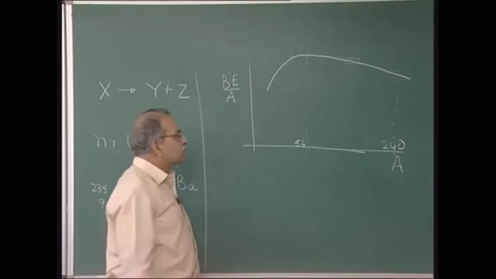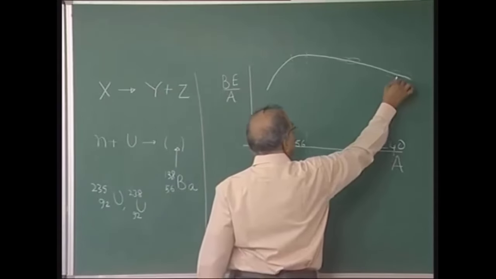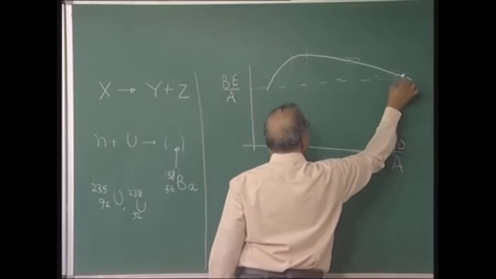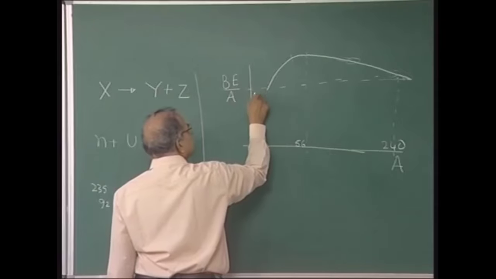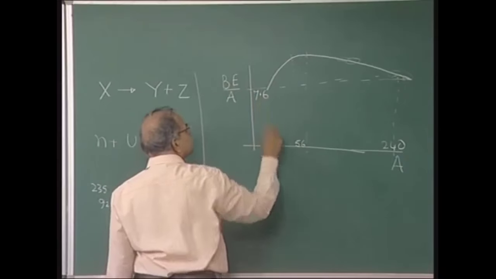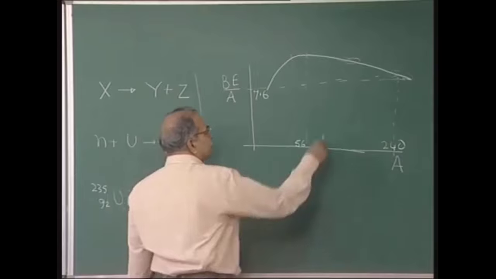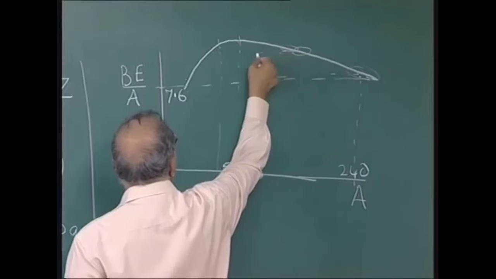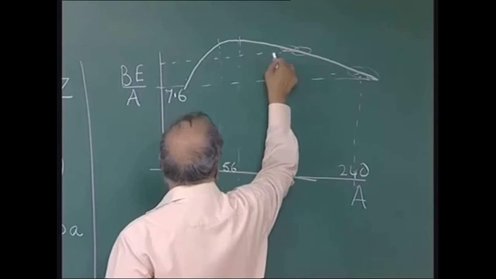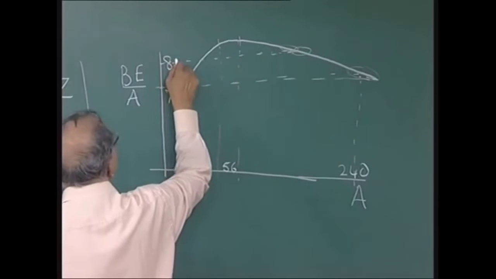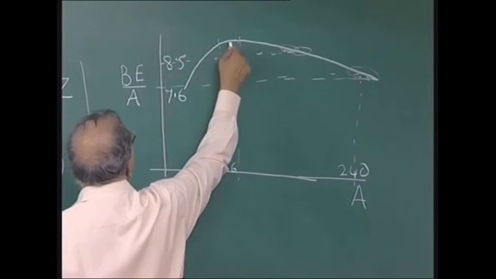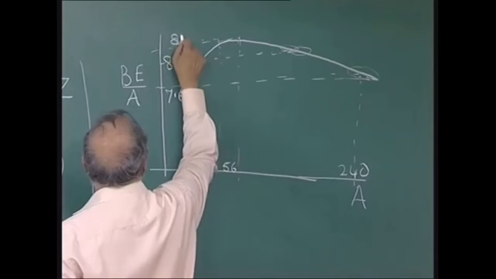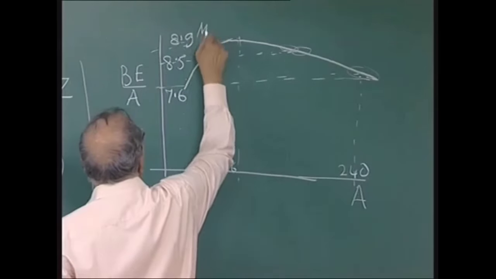If you look at the numbers, the binding energy per nucleon here is around, let us say, 7.6 MeV per nucleon, and at half of it, somewhere here, it will be around 8.5, and of course the maximum is here, around 8.9 or so. This is all in mega electron volts.